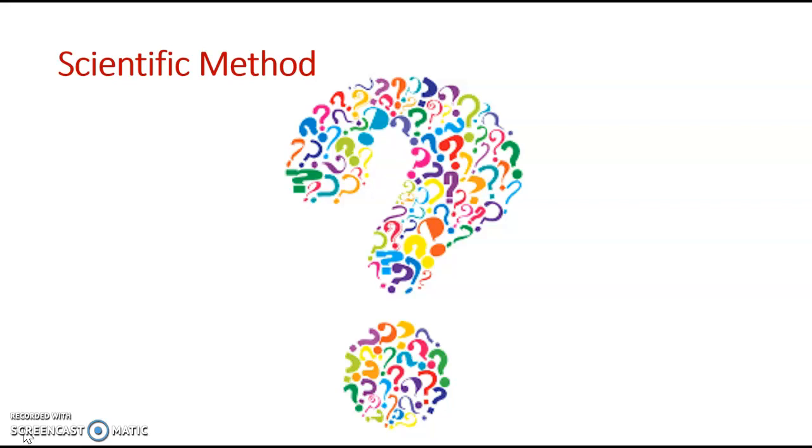So I'm going to share with you in this video the steps included in the scientific method. And then in our lab for this week, you are going to get a chance to develop and design your own experiment that meets all of the requirements of the scientific method to give you some practice in what happens in a lab and how scientists go about trying to figure out the answers to the hard questions that we ask.